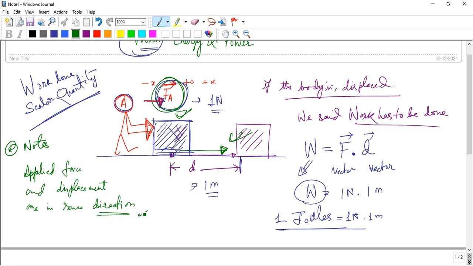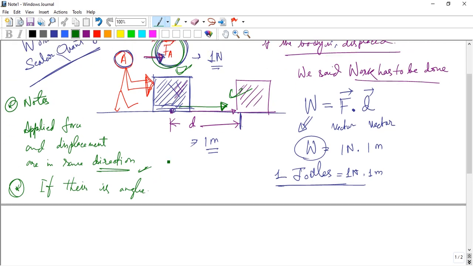If they are in the same direction, but some sort of angle may be present. Now there is another condition: if there is an angle, what will happen? What is the angle?